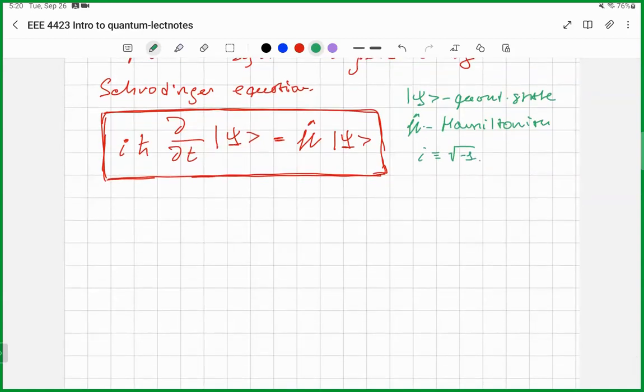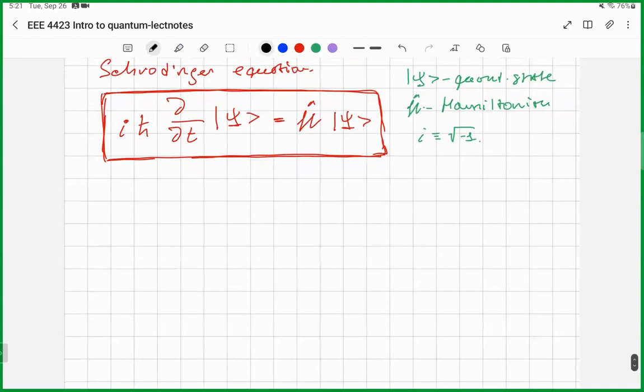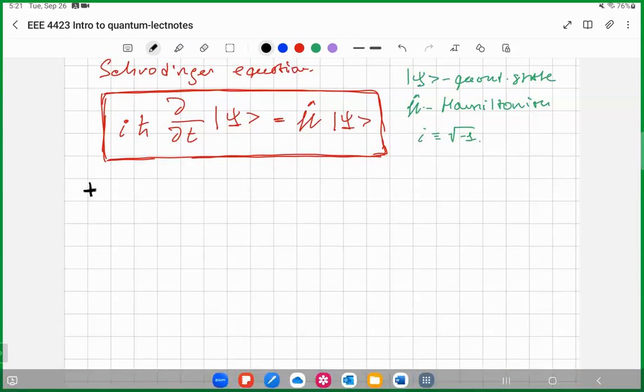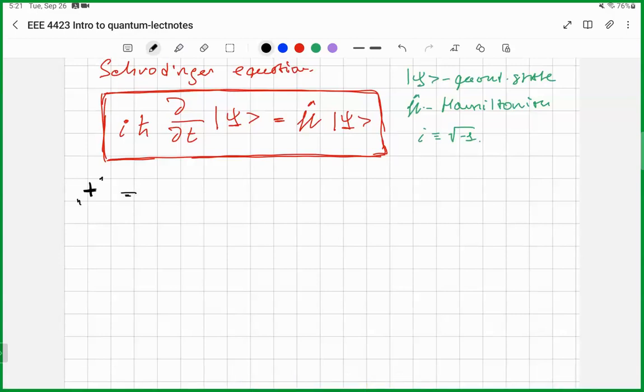This equation is written for the ket vector, and of course we can write the same for the bra vector. What we need to do is take the Hermitian conjugation. After this Hermitian conjugation we replace the ket vector by the bra vector, and i by minus i, the complex conjugation.